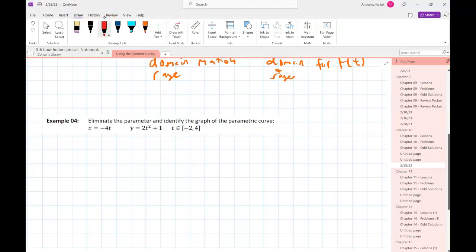So here is my problem. It says eliminate the parameter. I'm going to start the same way. I'm just going to take x and write it in terms of t. I'm then going to use that to plug back into the equation for y.